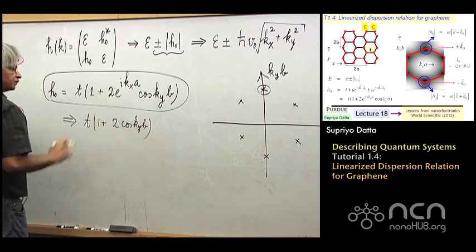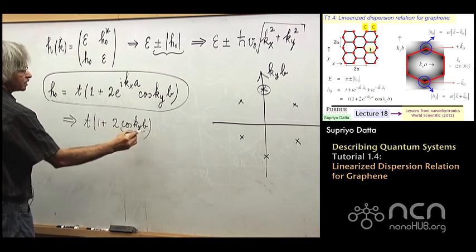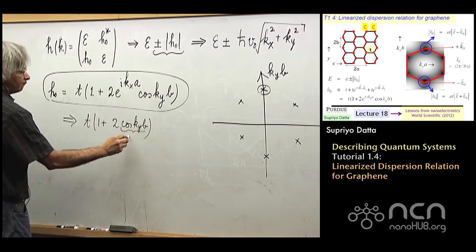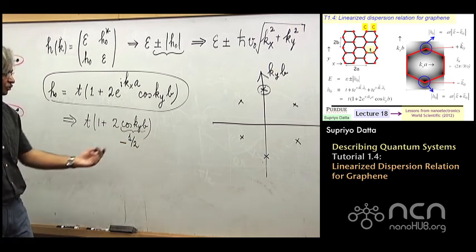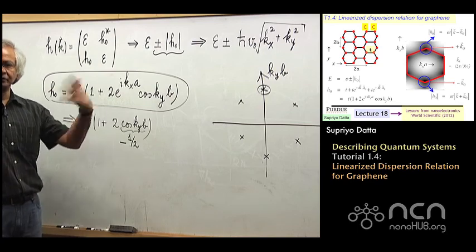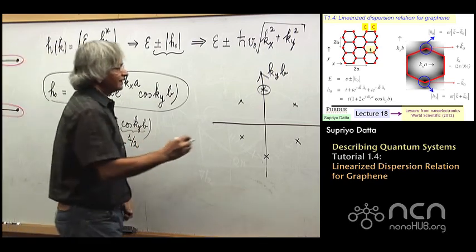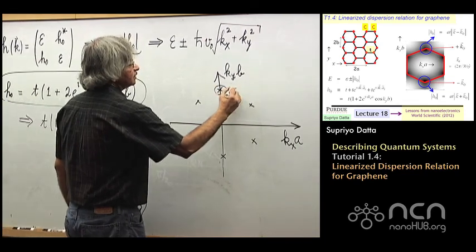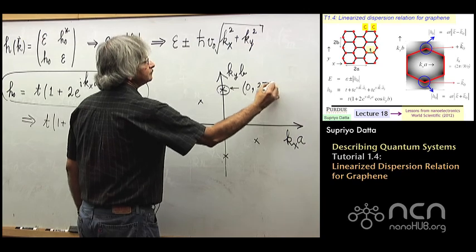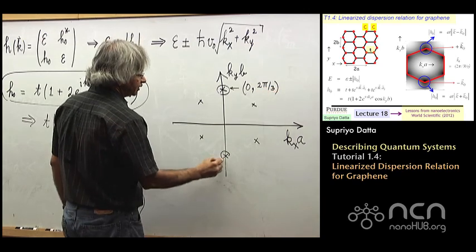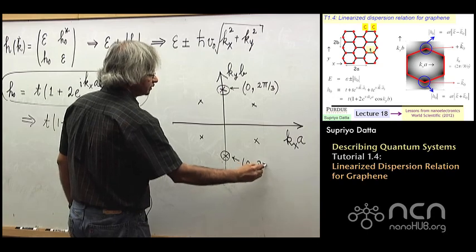So when is this equal to 0? Well, if cosine Kyb happens to be minus a half. And that corresponds to Kyb being equal to 120 degrees, which is 2 pi over 3. So that point is 0, 2 pi over 3. That point is 0, minus 2 pi over 3.